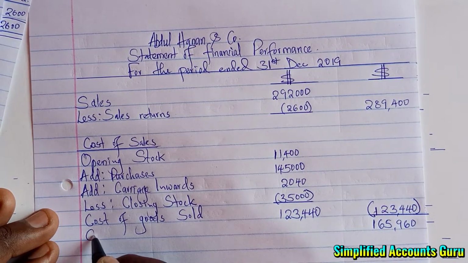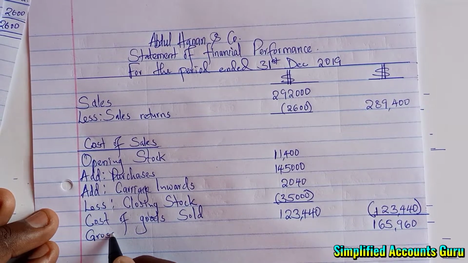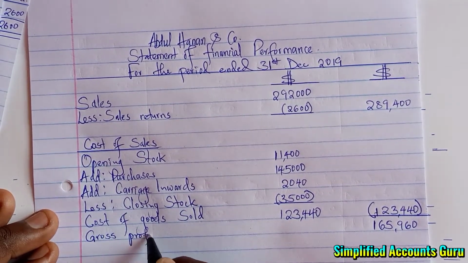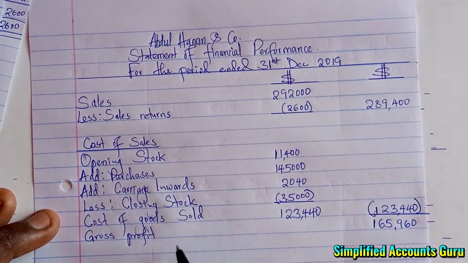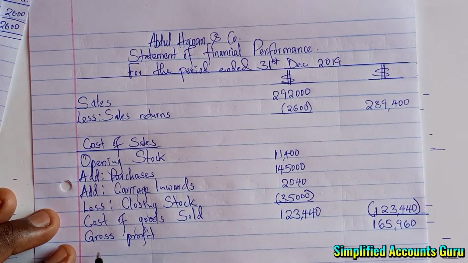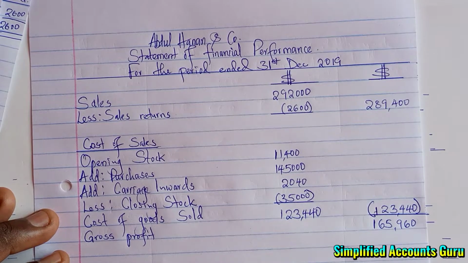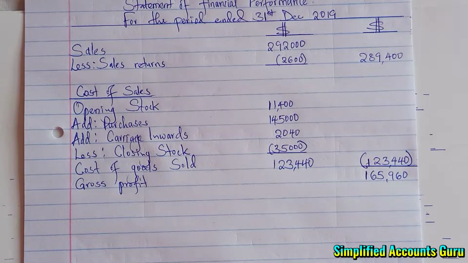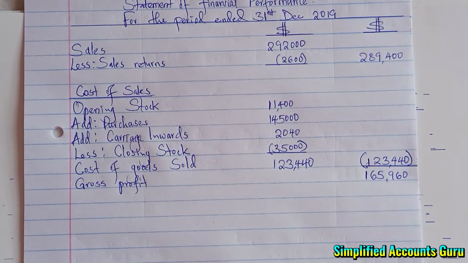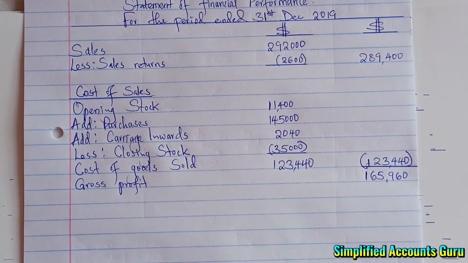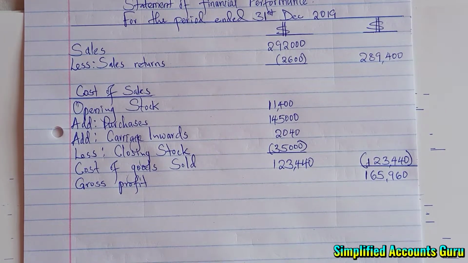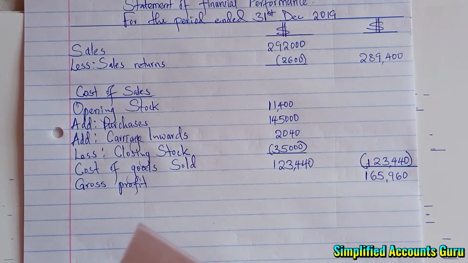So we are having gross profit. Now you don't write here gross profit stroke loss. Just write gross profit because it is an actual thing that you can be able to see. In case of any other income, then we can add them here and also charge the operating expenses so that we can end with the net profit or net loss.